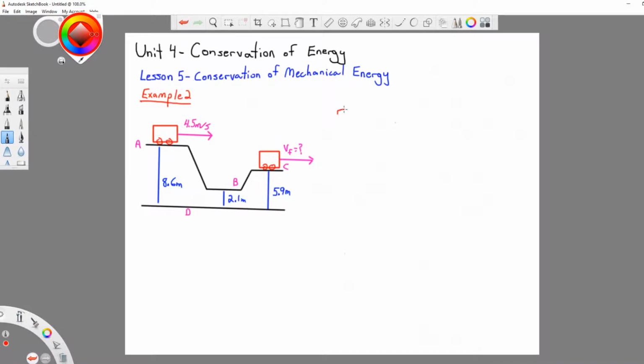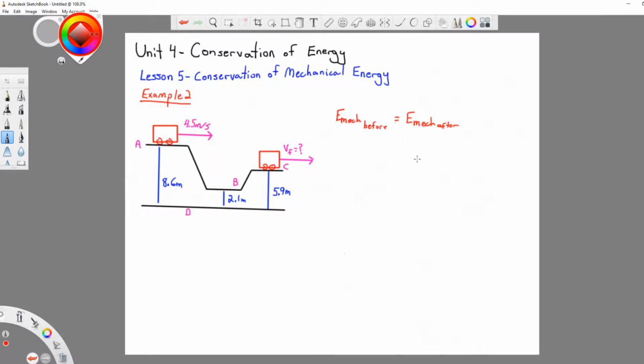I like to say mechanical energy before is equal to mechanical energy after. You can do ETI, ETF, whatever notation you like. I like this notation. It's just very clear for demonstrating, I think.